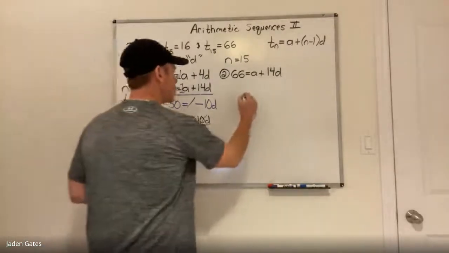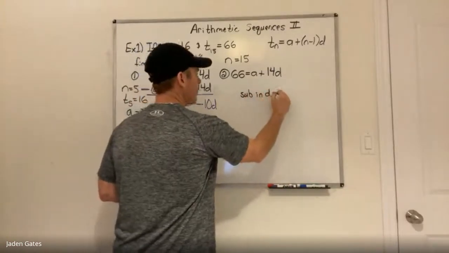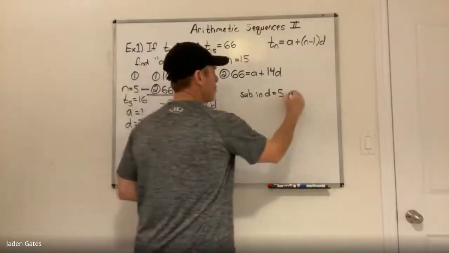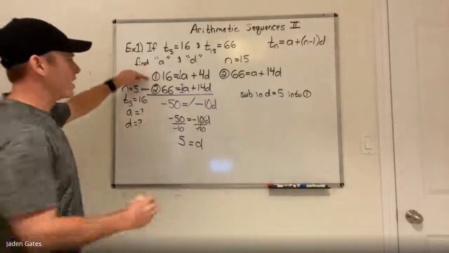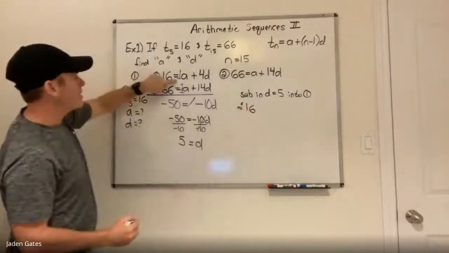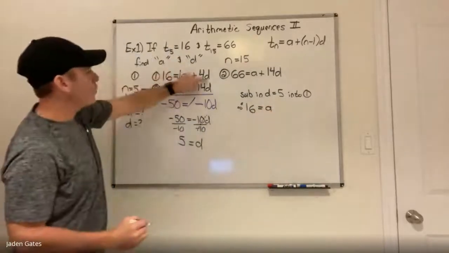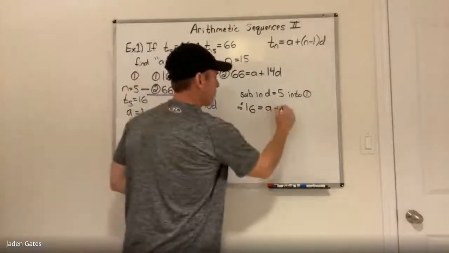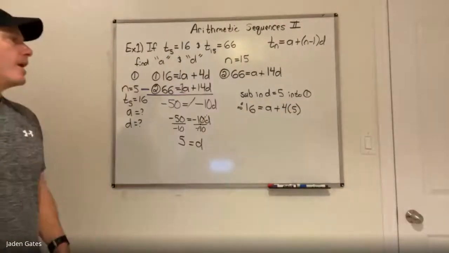So I'm going to substitute D equals 5 into equation number 1. Therefore, I have 16 is equal to 1A, however you want to look at it, plus 4 times our D, which now we know is 5.